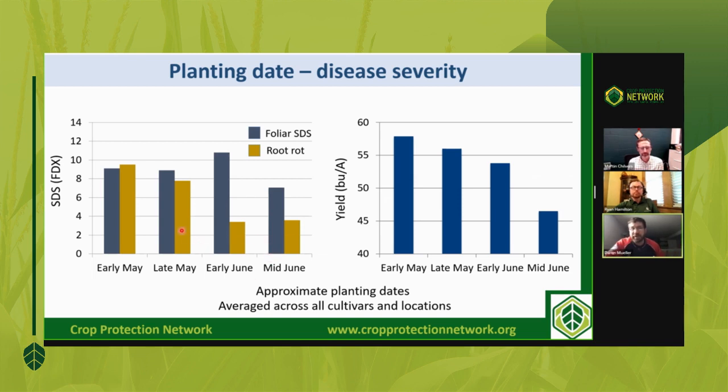The foliar symptoms in this particular case bounced around. They weren't really as associated, but I think if you look at it long term, there's 3 or 4 other papers out there that show if you plant later, the risk of getting SDS is a little bit lower. But as you plant later, it's really not planting well. You're also managing that yield potential and reducing it.